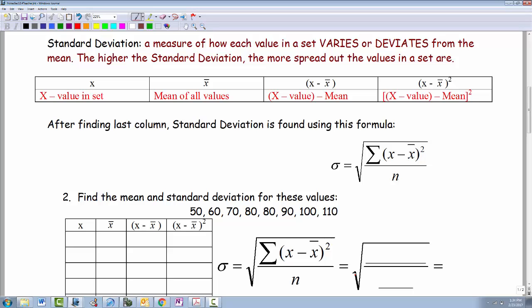The higher the standard deviation, the more spread out the values in the set are. So this is Mickey Mouse again. We did this back in Algebra 2. And kind of taking a step back between 9-3 day 1, which was yesterday, just box and whiskers. A little bit added, and then kind of what we're going to venture into tomorrow.